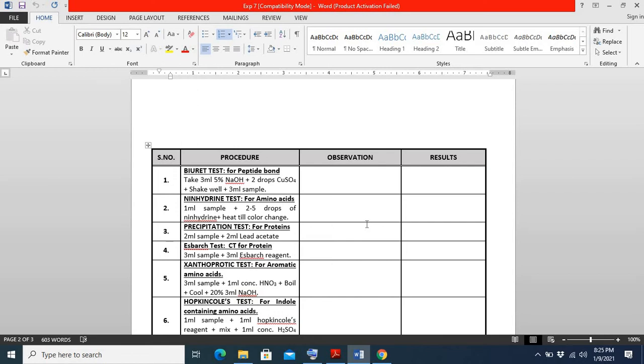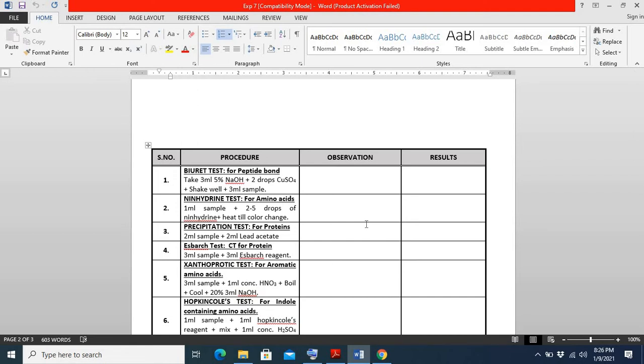So how can we identify that the unknown sample that we have is a sample of protein? We identify by performing the test that can indicate that peptide bonds are present in the sample, and the other test that will identify that amino acids are present in the sample.